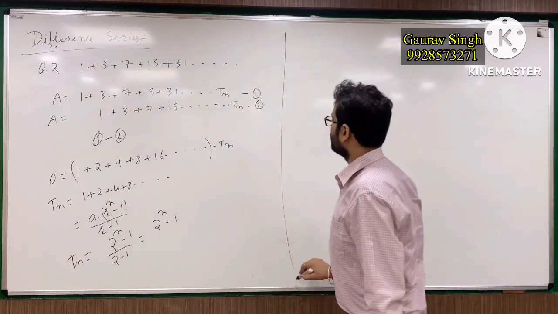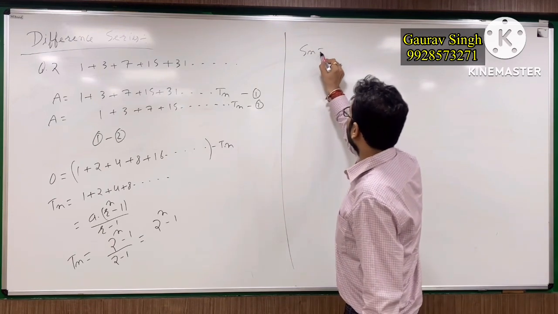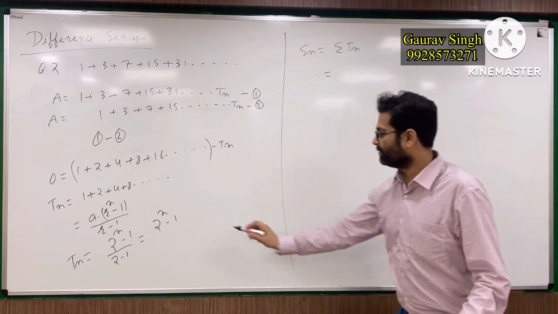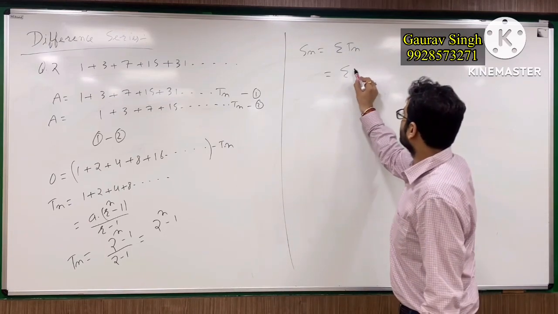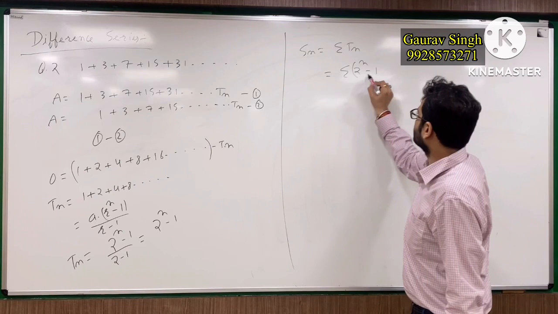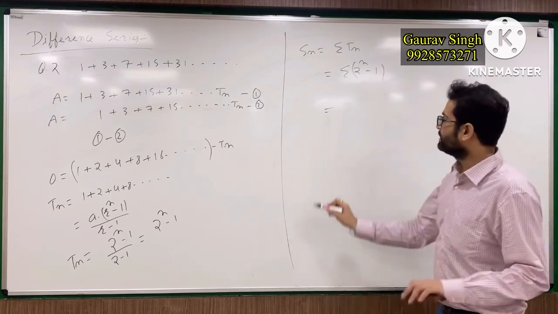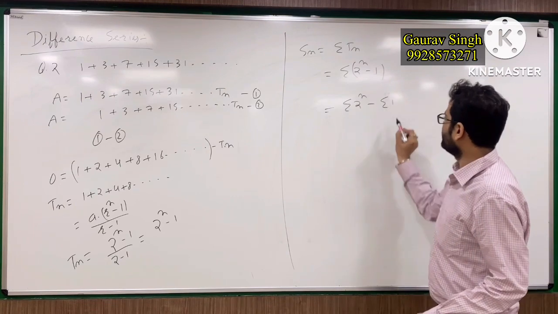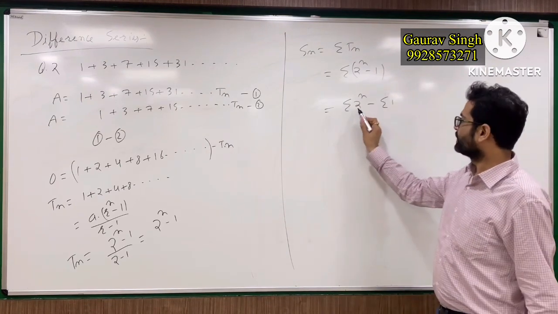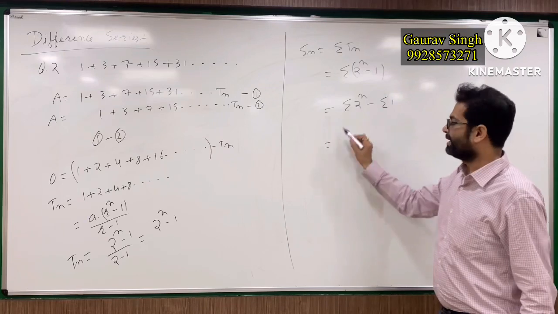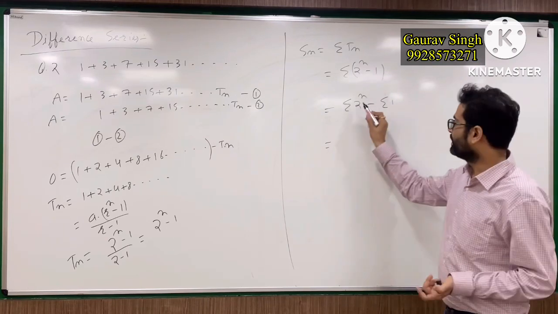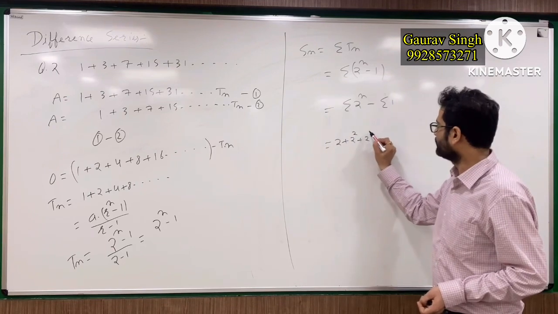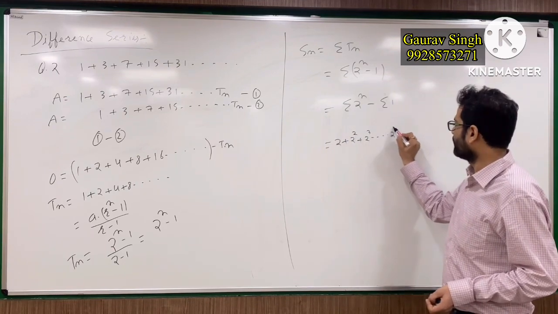Then we solve for Sn. We know summation of Tn is Sn. And we put in this value, 2 to the power n minus 1. Okay. Then the summation is distributed and we get this. Here when we put the n value 1 we get 2, then 2 to the power 2, 2 to the power 3, and last we get 2 to the power n.